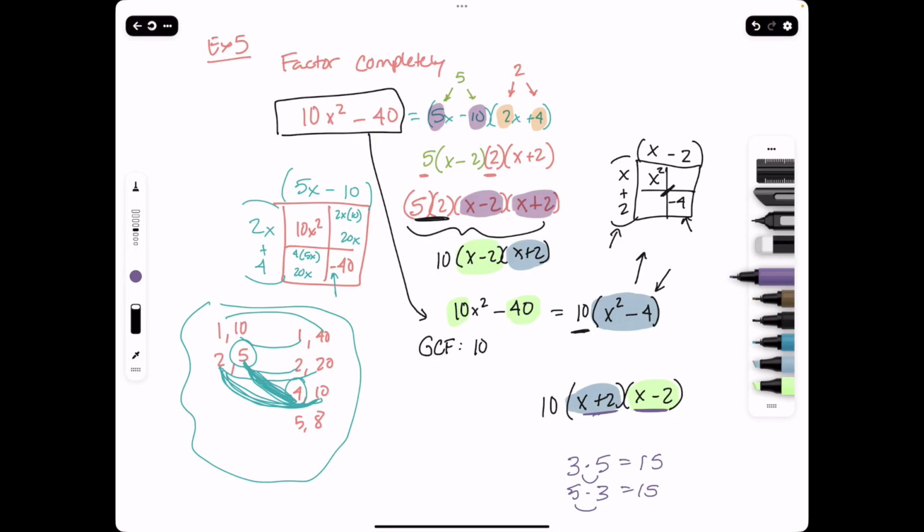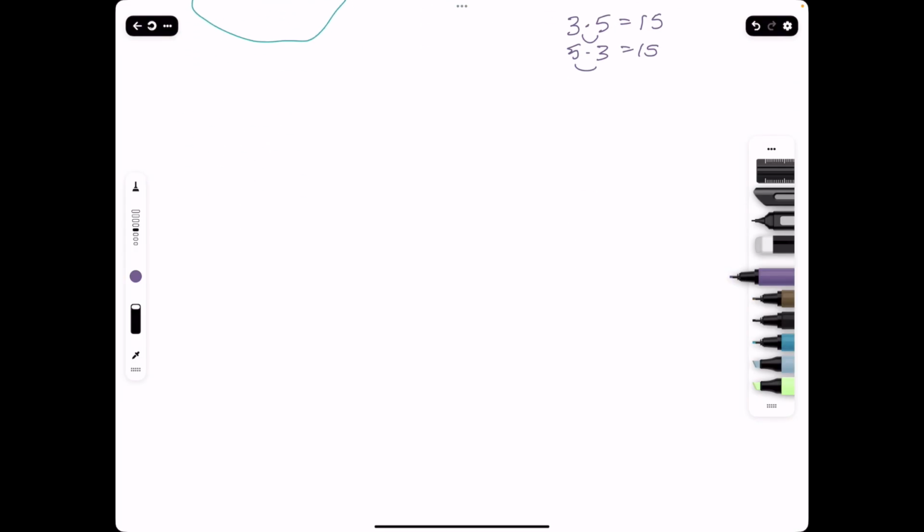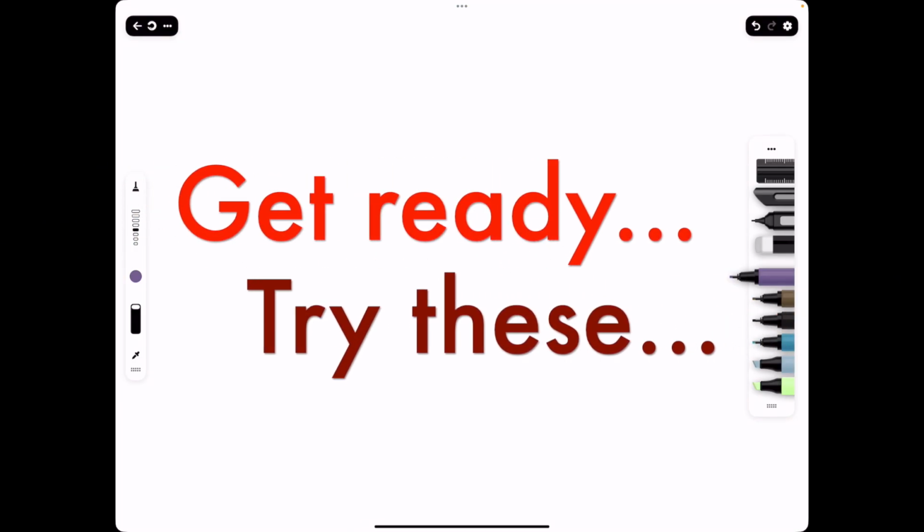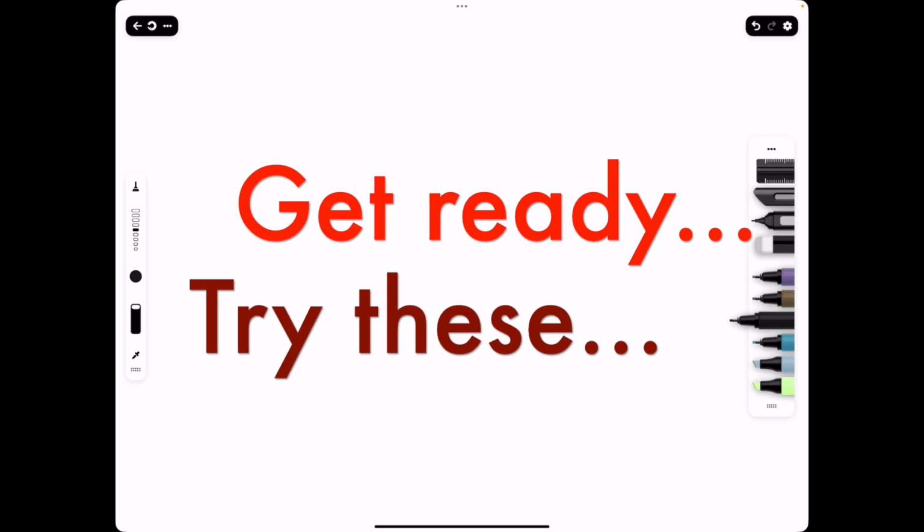I'm going to throw several try these up here. I'm done teaching for the lesson, but I'm going to throw try these up here, and you can work them out, pause it after you're done writing them, and then check your work.